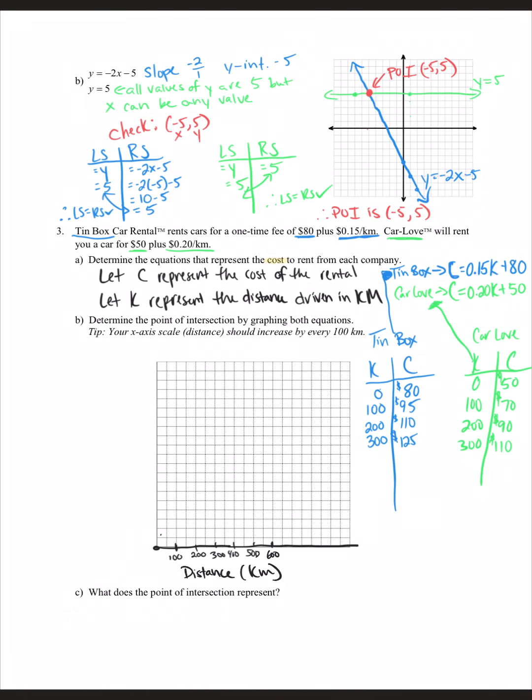And then along our y-axis, we might as well label what we're doing there. So on our y-axis, we're going to have our cost, which is in dollars. And we can look at the values we have there to gauge what we can do along the y-axis here. It looks like we're getting up into the hundreds.